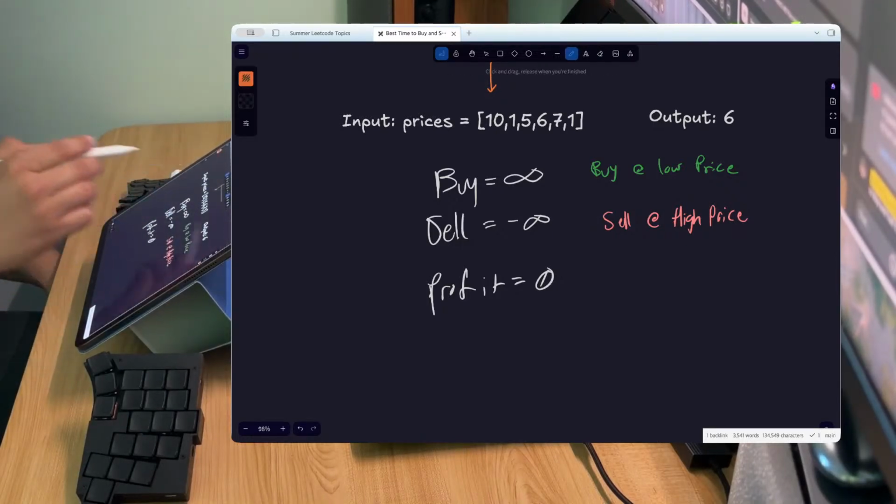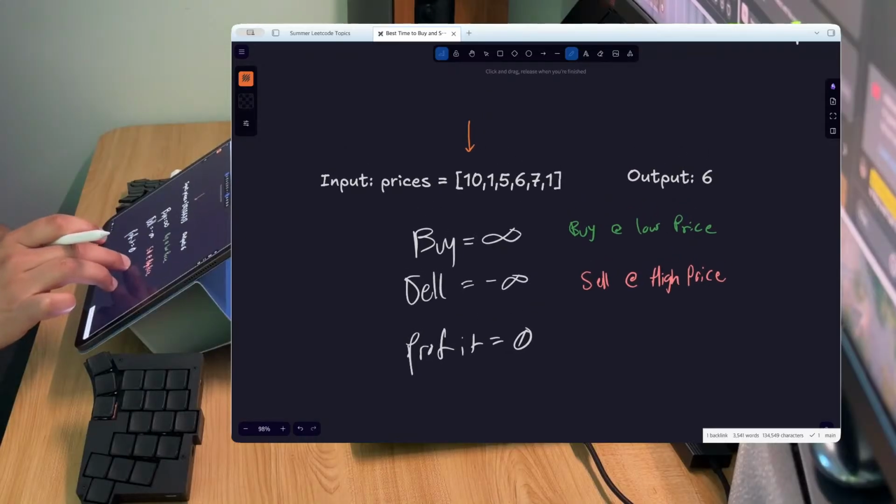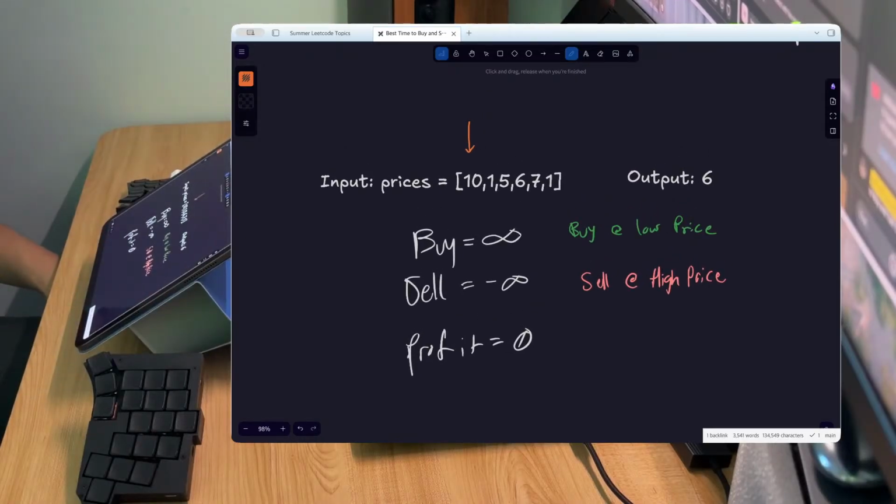Okay, at each value, we want to buy low, right? Initially, our lowest value, our buy value, is infinity. That will ensure that any value we see in the array will get set to a buy.